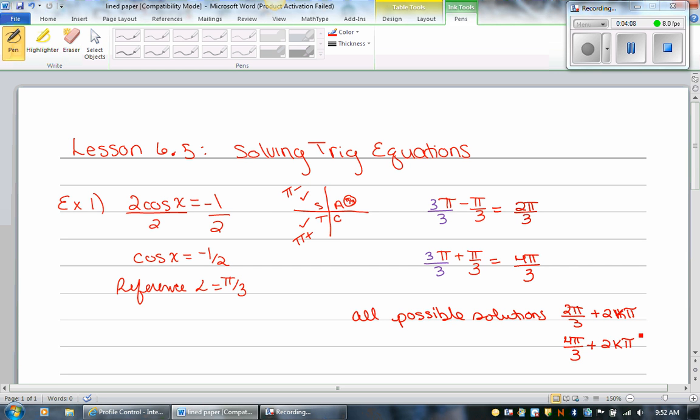If I wanted to show it as degrees, it is going to be 120 plus k times 360, and I know I'm writing very small, and 240 plus k times 360.